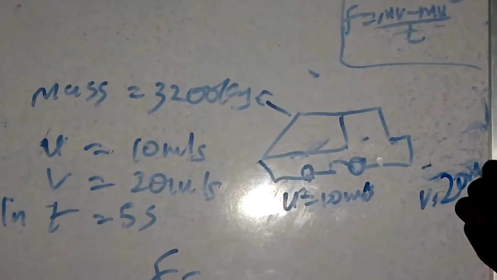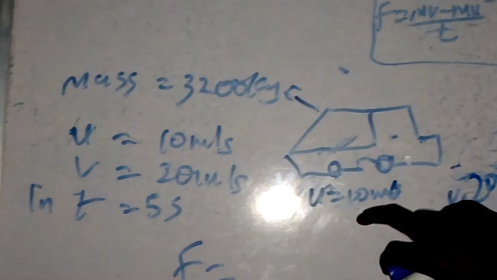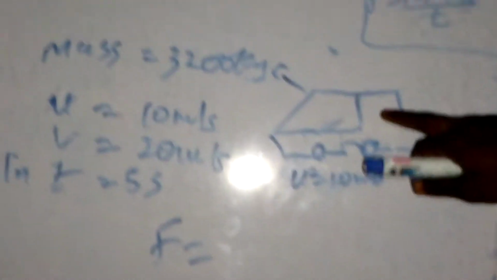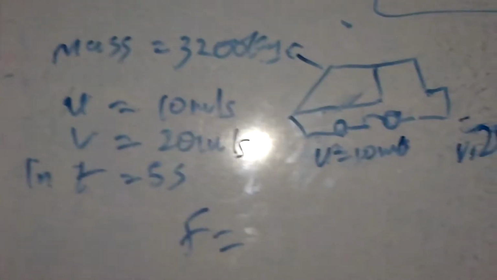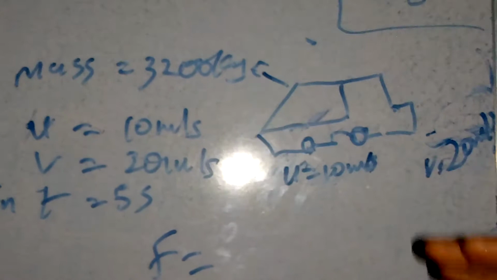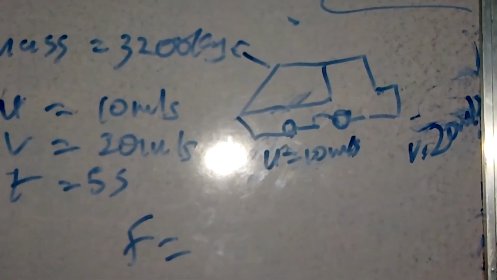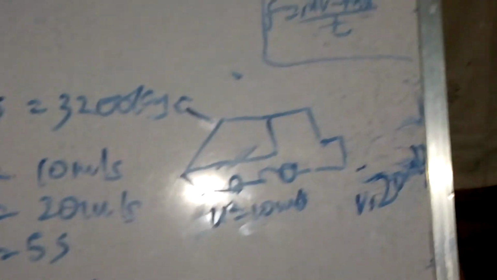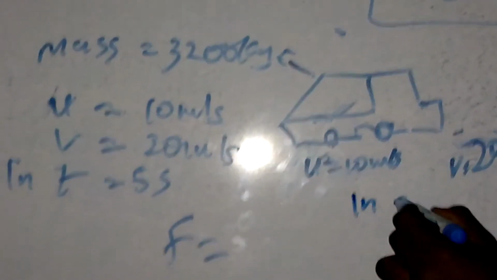So the 20 meters per second is the final velocity, and this is the initial velocity at which the truck was. So you know that there is a change in velocity. In what time does the speed change? In 5 seconds.